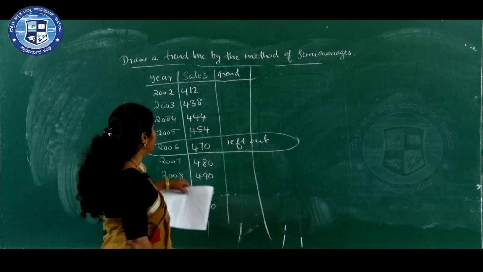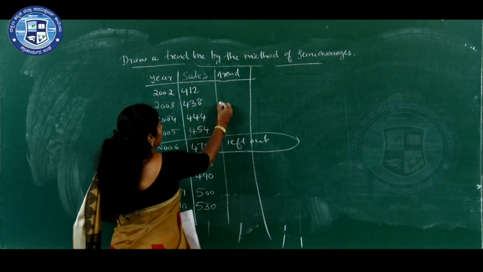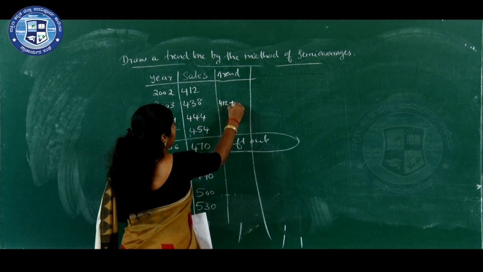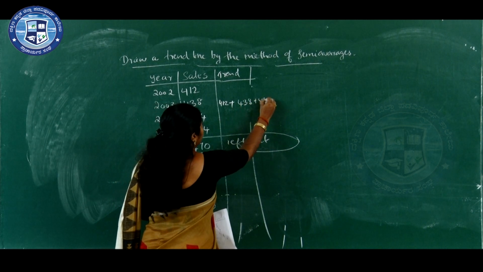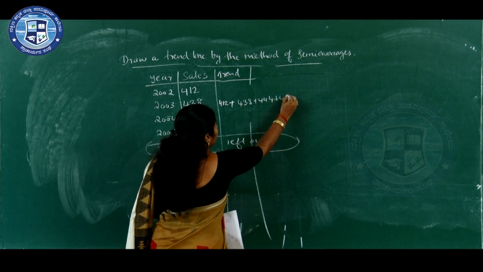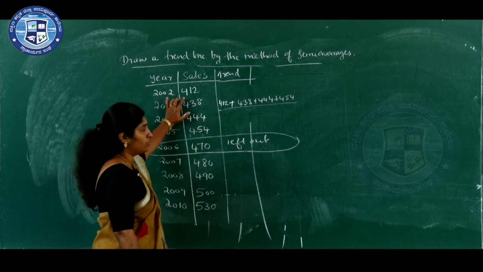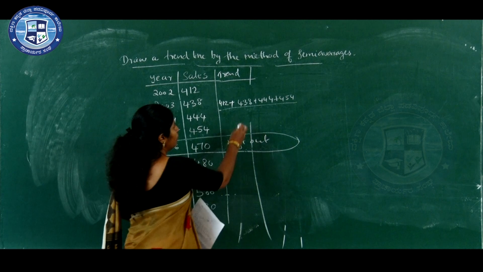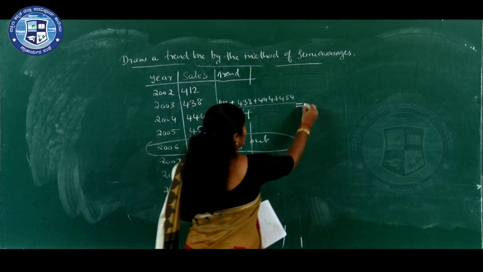Then you have to find the averages for these values. 412 plus 438 plus 444 plus 454, divided by the number of observations, which is 4, and your answer will be 437.